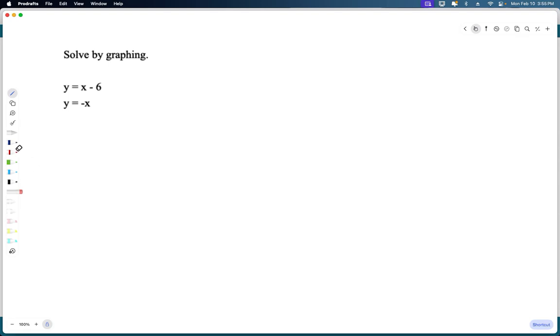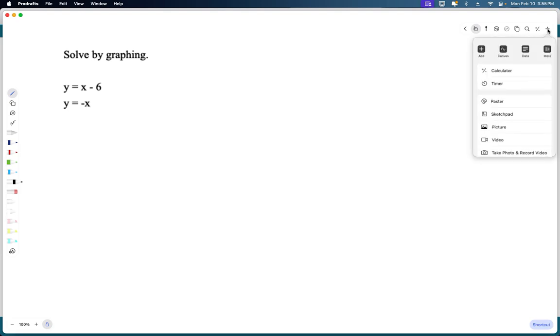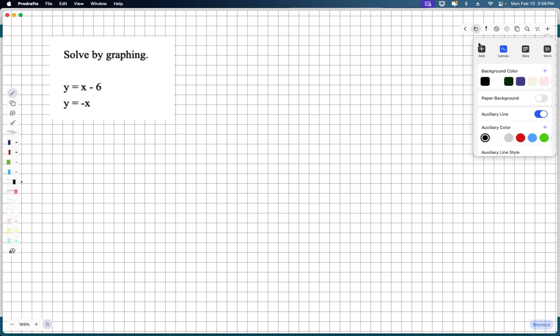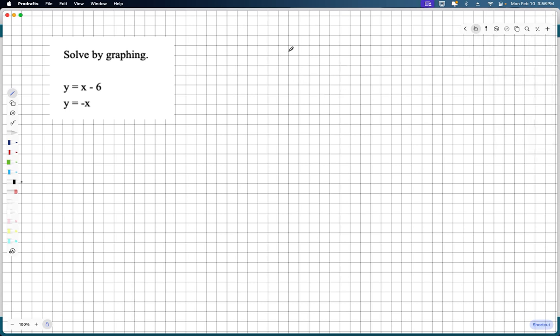So what I'm going to do is I'm going to go ahead and turn my paper into graph paper. So you need to use a piece of graph paper at home to solve these. So what you've got to do is draw your own little system. So I'm going to draw a y-axis, and I'm going to draw an x-axis.